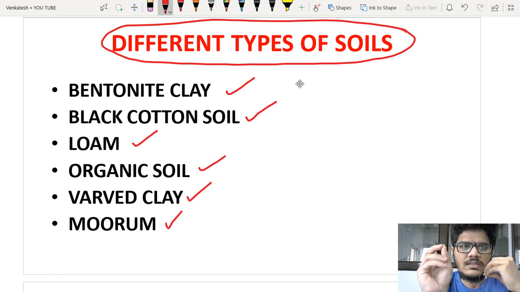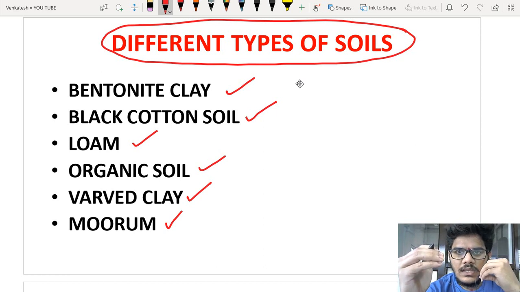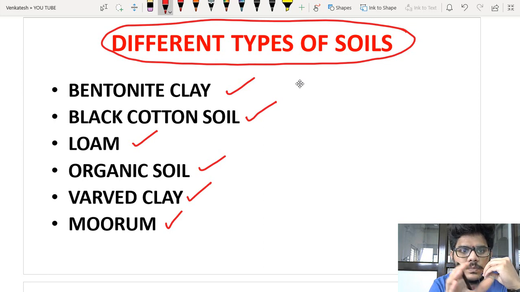So these types of soils we will be discussing in a detailed manner, like how it is formed, which mineral is present in this particular type of soil, so whether that particular soil can be used for engineering purpose or not, so that we will be studying.